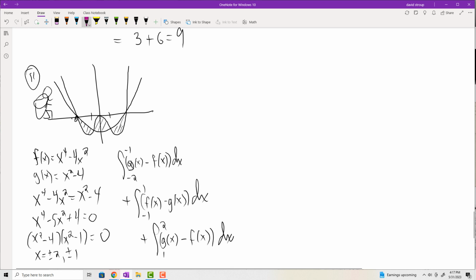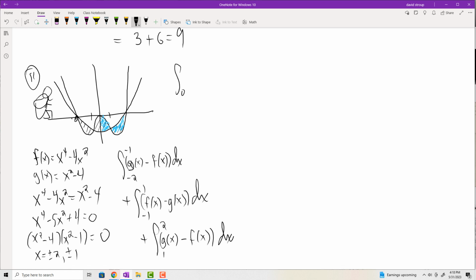And the workaround here is from the fact that both functions are symmetric about the y-axis. You could prove that, but just from a picture, I think we can shoot from the hip and say that it is symmetric. So what I'm going to do is figure out these areas and just multiply those areas by 2, right? Okay, so here I go.